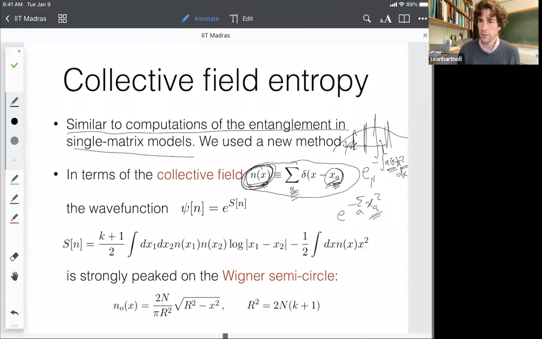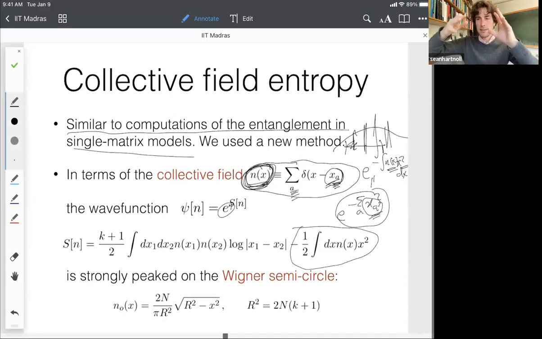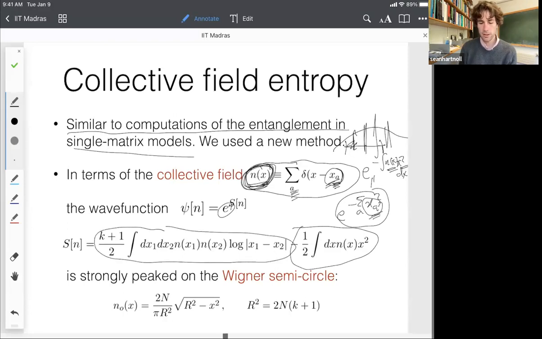So I can think of this as a wave function not for the eigenvalues, but for the eigenvalue distribution. The prefactor, which was x minus x to the k, I write in the exponent as k log of x minus x, and I can again write that in terms of the eigenvalue distribution like that. And so I can think of the wave function instead as a wave function of eigenvalue distribution.